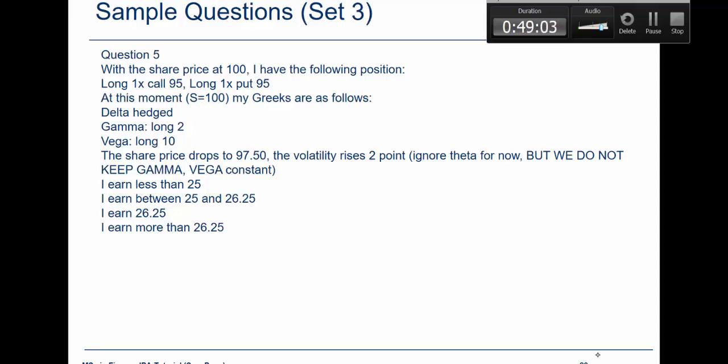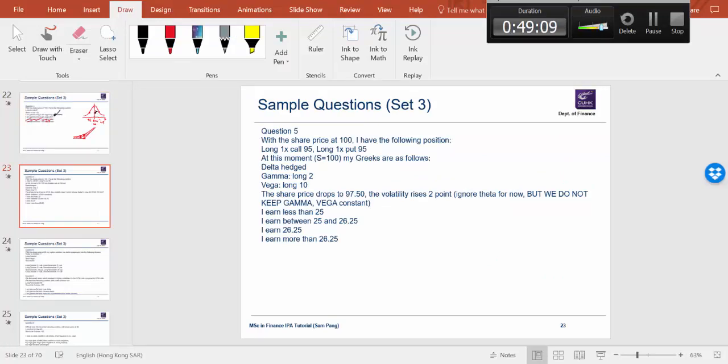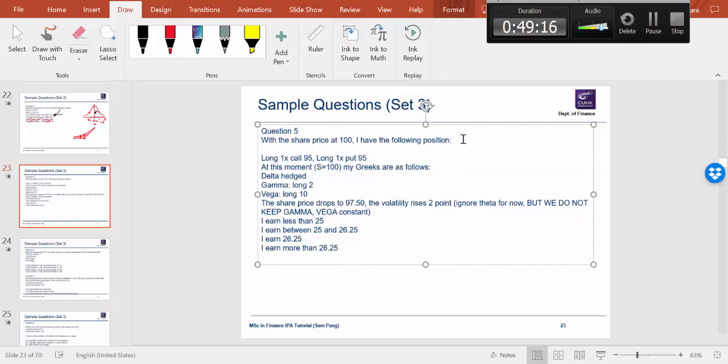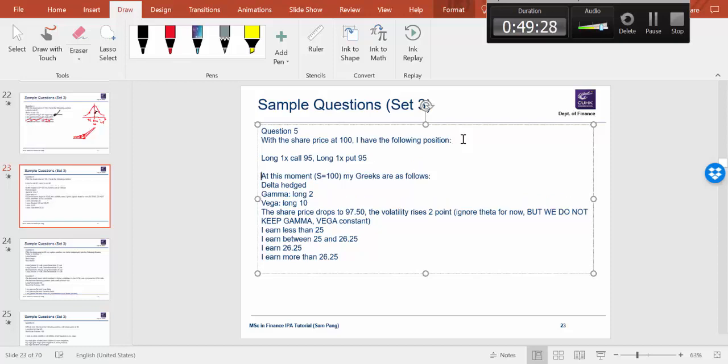Question 5. Are we on question 5 now? Yeah, question 5. Let me just space it out a little bit. With the share price at 100, I have the following. So I have long one call at 95, long one put. So now I don't have that double option thing from the last question. At the moment, my Greeks look like this. So delta neutral, long gamma, long Vega.